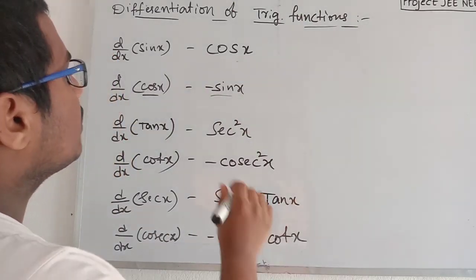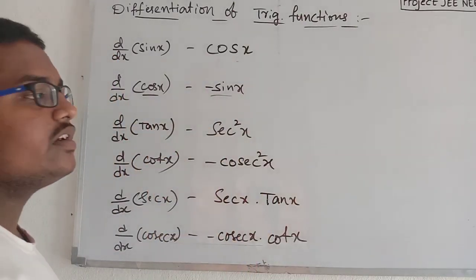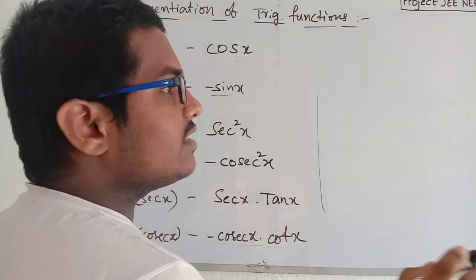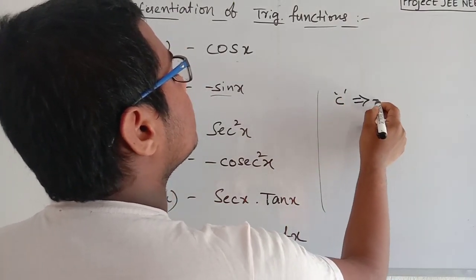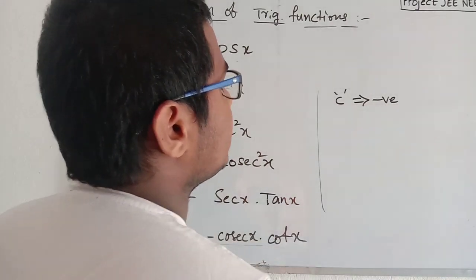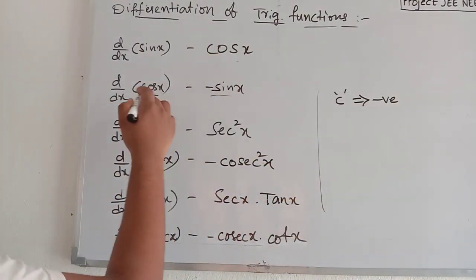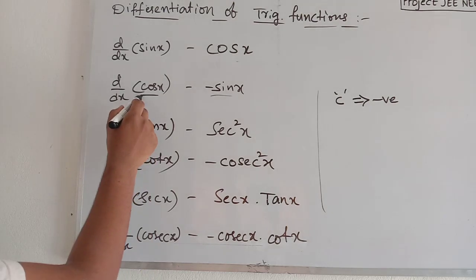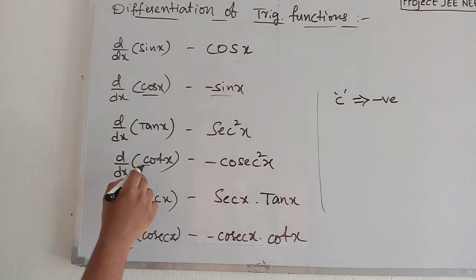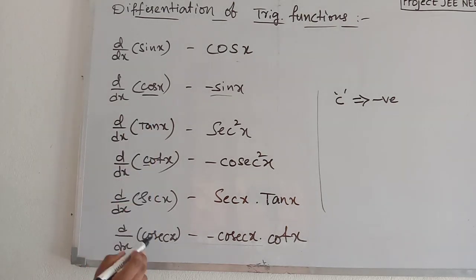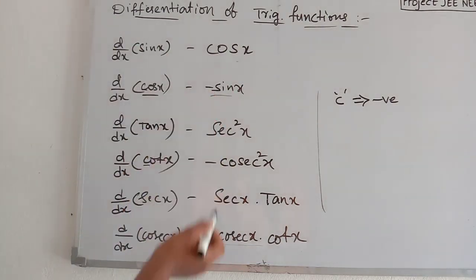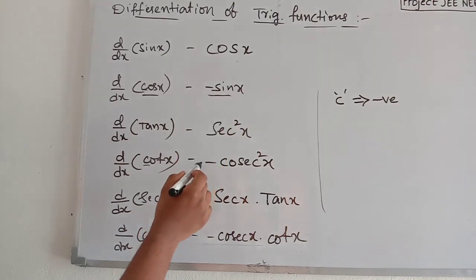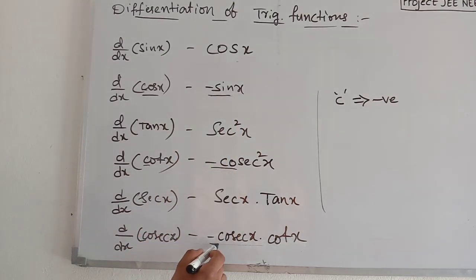So remember negative values, I will give you a trick here. All the functions starting with the letter C will get negative derivatives. So which ones start with C here? Cos x starts with C, cot x starts with C, cosecant x starts with C. If you see the derivatives of those, you will observe that all of them have a negative sign before the derivatives.